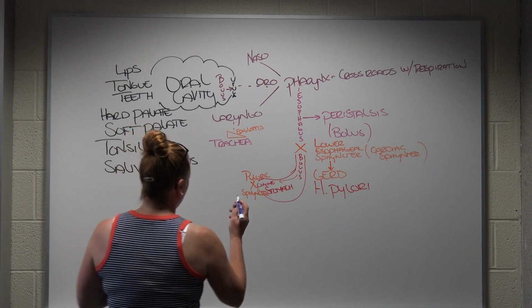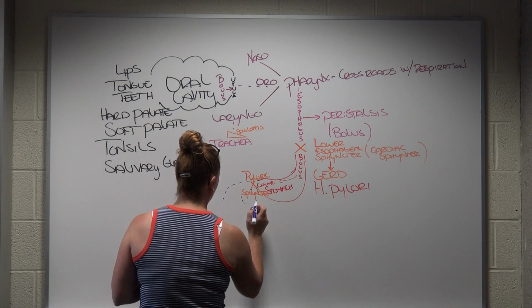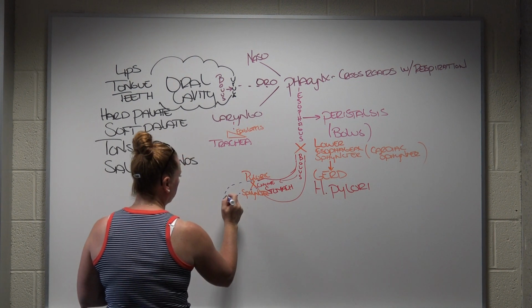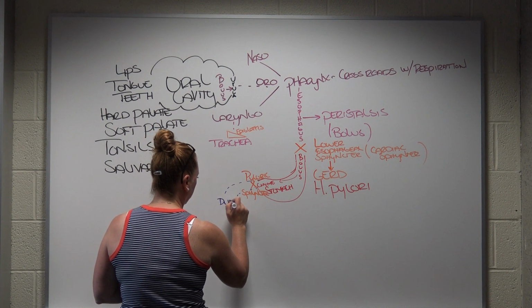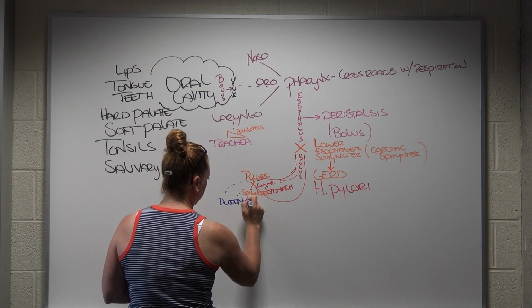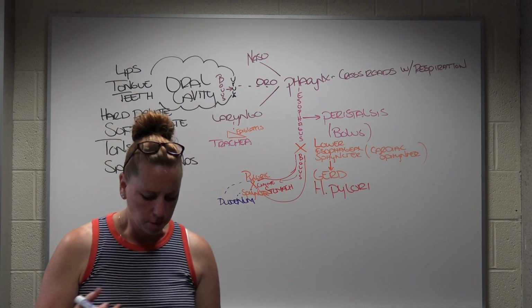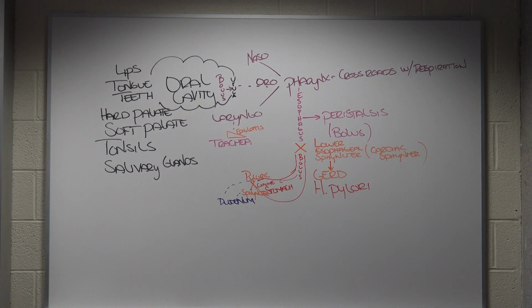That chyme then enters this little piece of tubing system right here called the duodenum. Again, the duodenum is the largest place of the breakdown of protein, plus it's the initial area in which you'll find most of the lipid breakdown, okay?